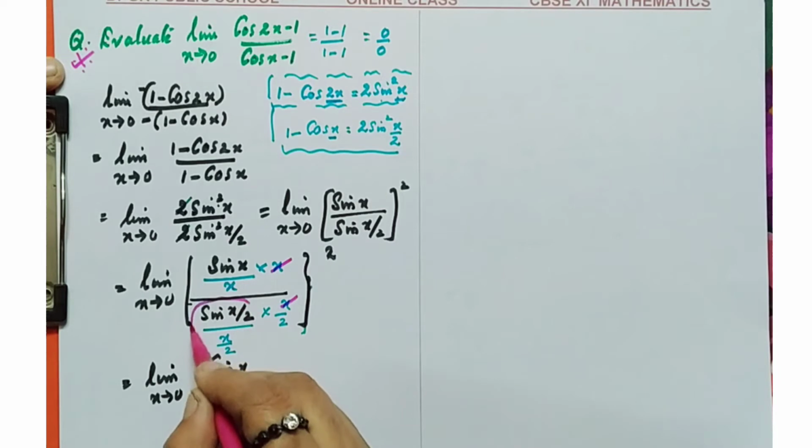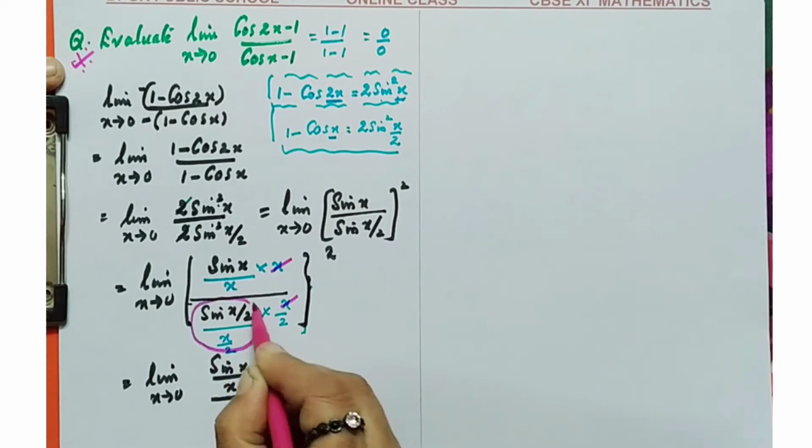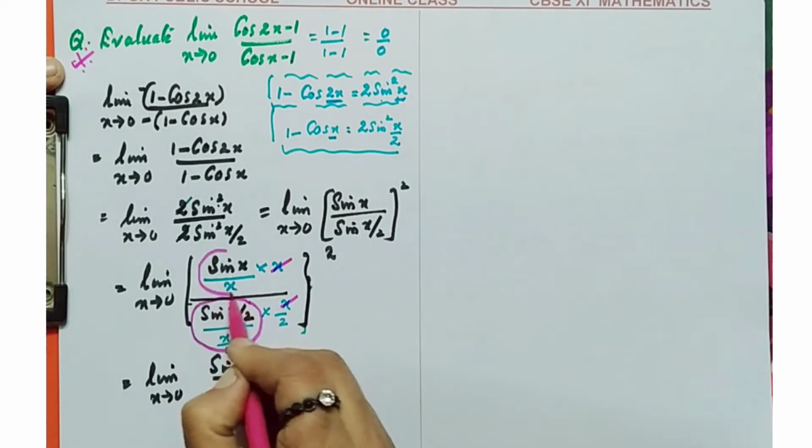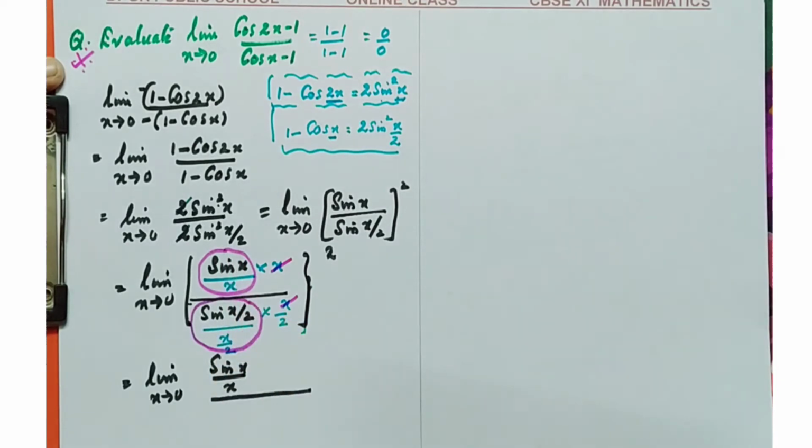This much, sin x by 2 by x by 2, is the denominator. Sin x by x is the numerator. So sin x by 2 by x by 2 comes in the denominator, by x by 2. That comes in the denominator into the constant there, which is 1, divided by this much comes within a square.